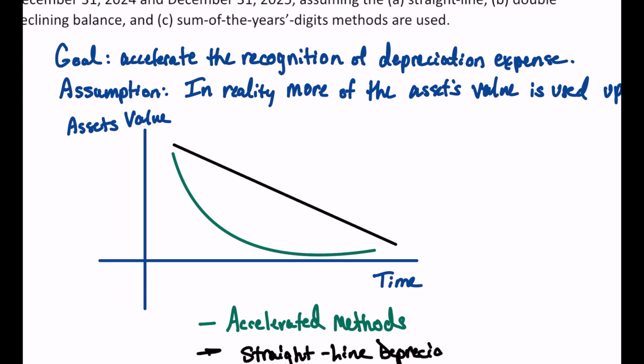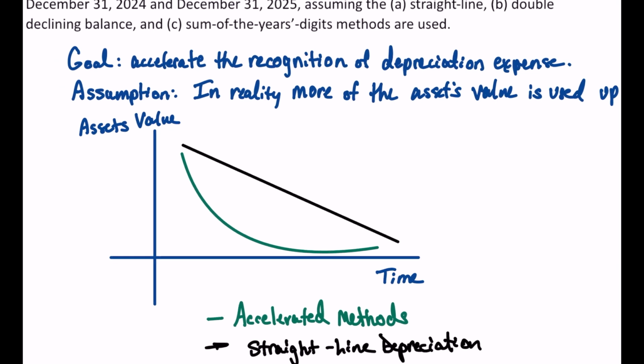You get to the same answer at the end, but the green line is saying this asset plummets more quickly early on than it does later on. All right, so that's the idea here with both double declining balance, sum of years digits, and other accelerated depreciation methods.